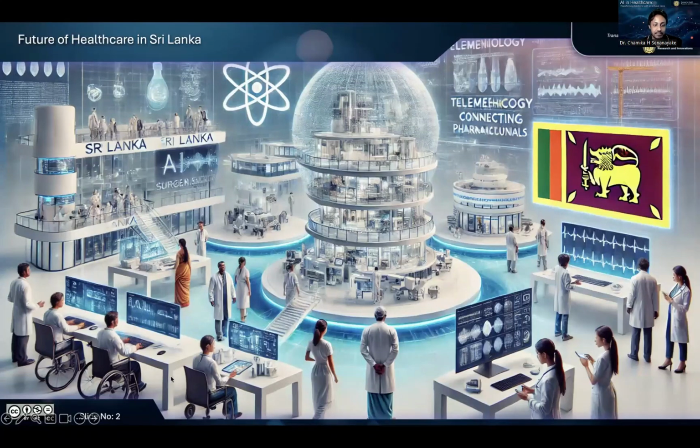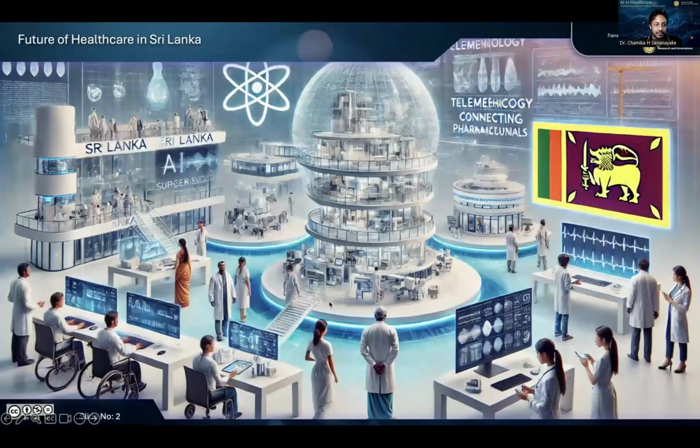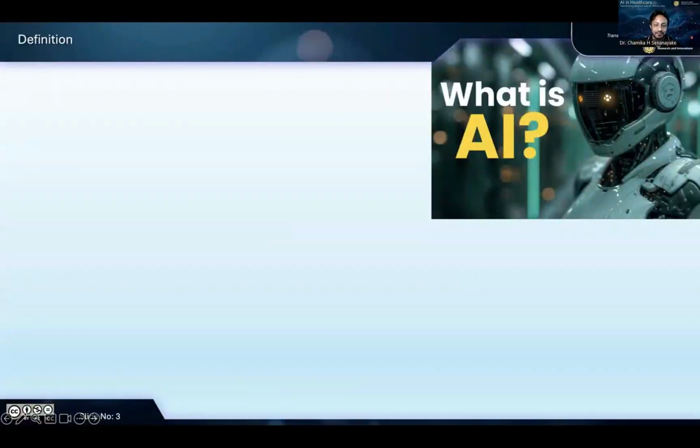And you can see the inclusivity, with people on wheelchairs and females, all the gender allocation. Also, all the screens display information in Sinhala, Tamil, and English. The atmosphere is vibrant and collaborative, reflecting a forward-thinking approach across all facets of medicine, in a culturally relevant yet globally competitive context.